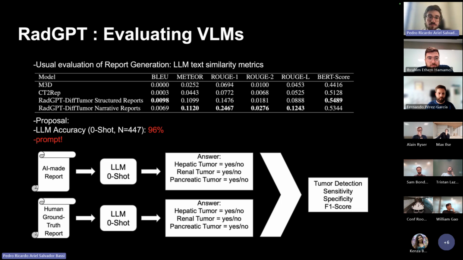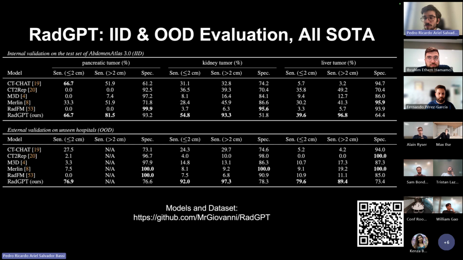So now we come to the final results table, and we compared our RadGPT against a large part of the state-of-the-art in visual language models for CT scans. Here, our RadGPT is the fully automatic method, so no human involved in this one. And it is based on segmentation.